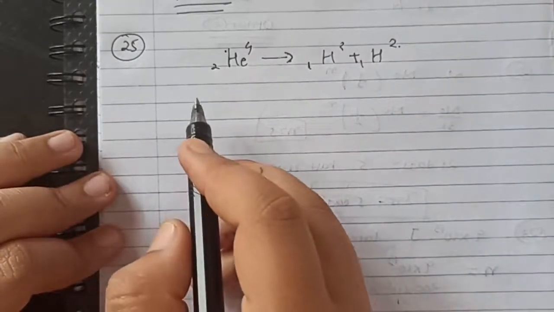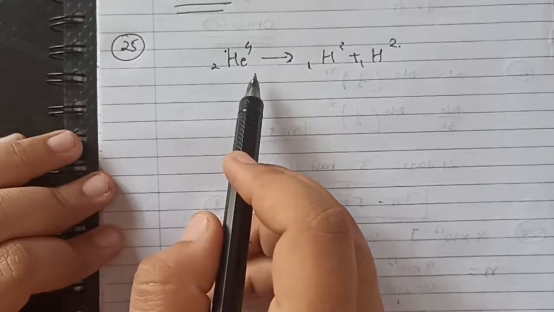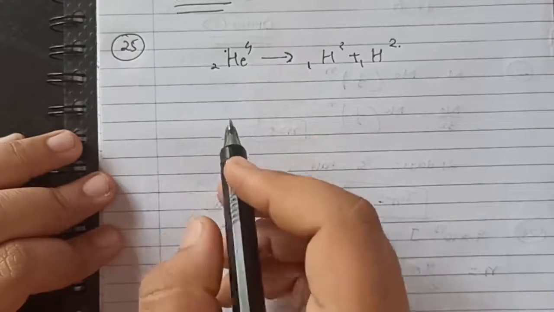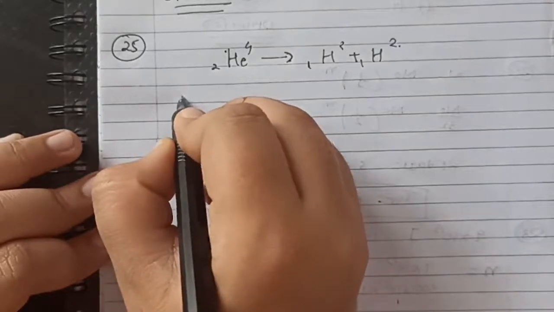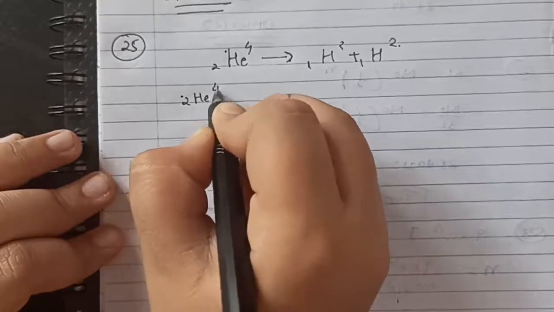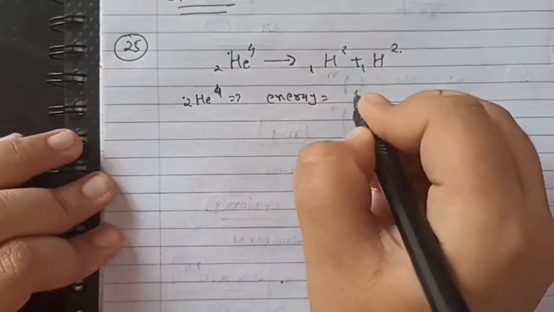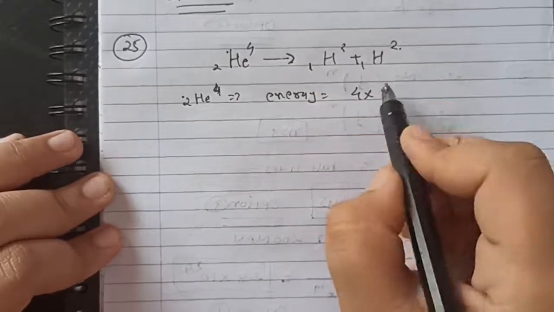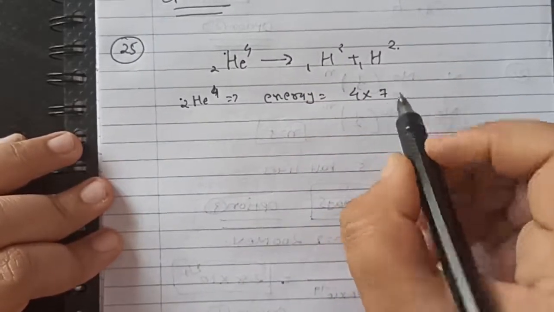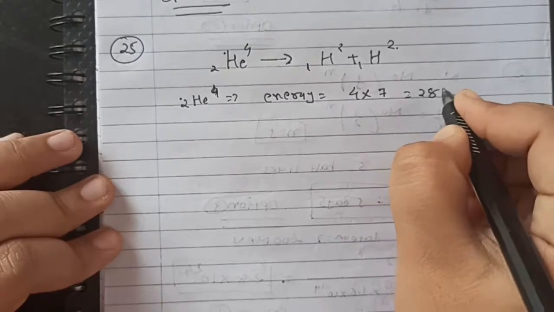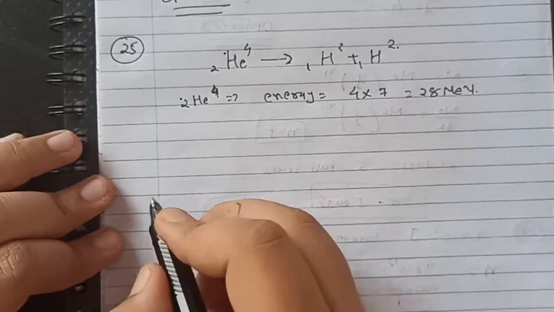The number of nucleons is number of protons plus number of neutron. So for 2He4 the energy will be 4 into 7. Given energy per nucleon is 7 mega electron volt, that is 28 mega electron volt.